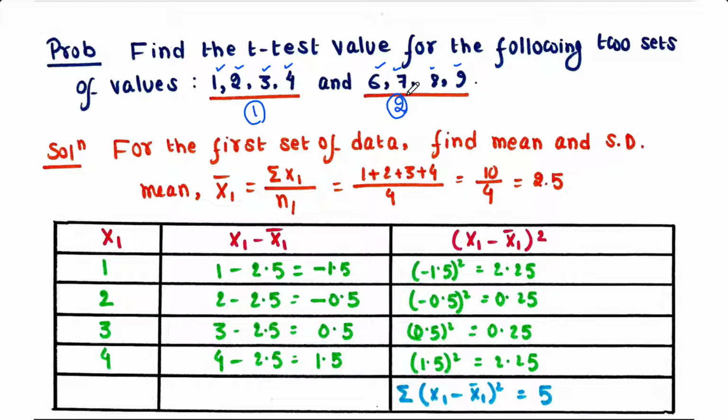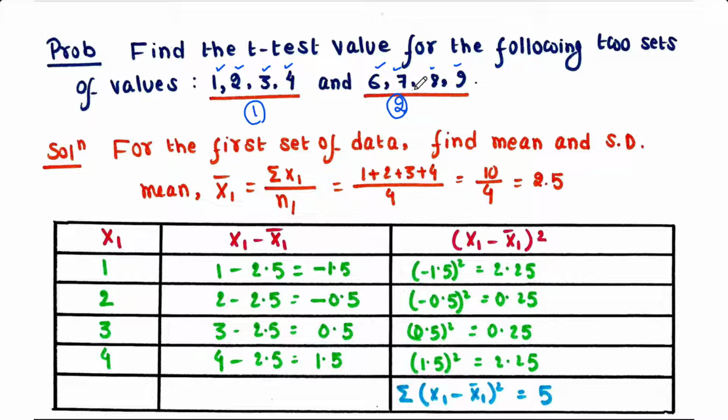Now we want to determine whether these two data sets are different from each other or not. So in order to do so, you have to perform a statistical test. That is nothing but a students t-test.